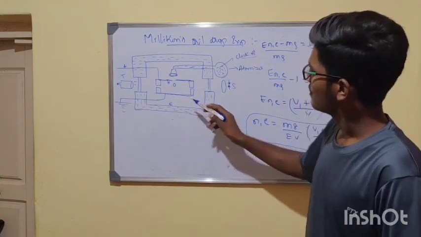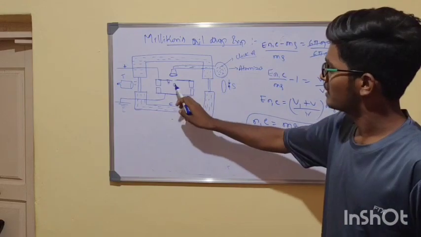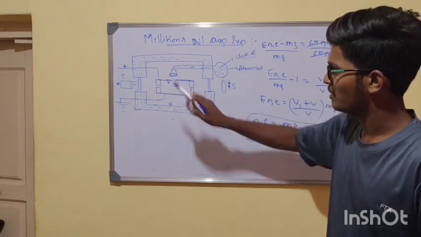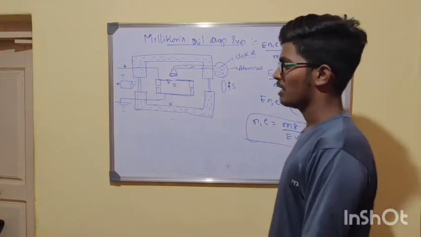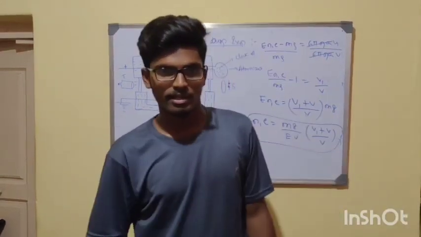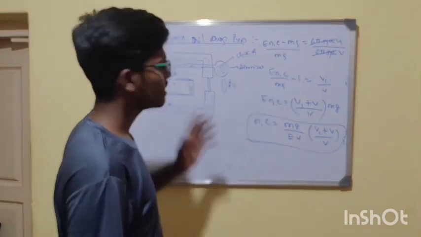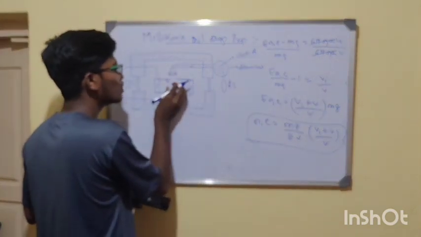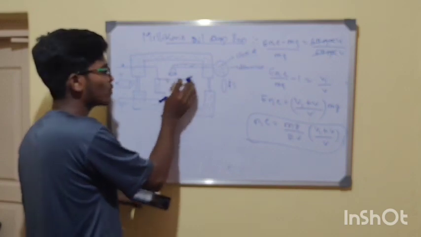When there is no field, the oil droplet has some charges because of the frictional force in the nozzle of the atomizer. At the same condition, when I apply the electric field and illuminate X-rays, the X-rays ionize the gas molecules in this region.